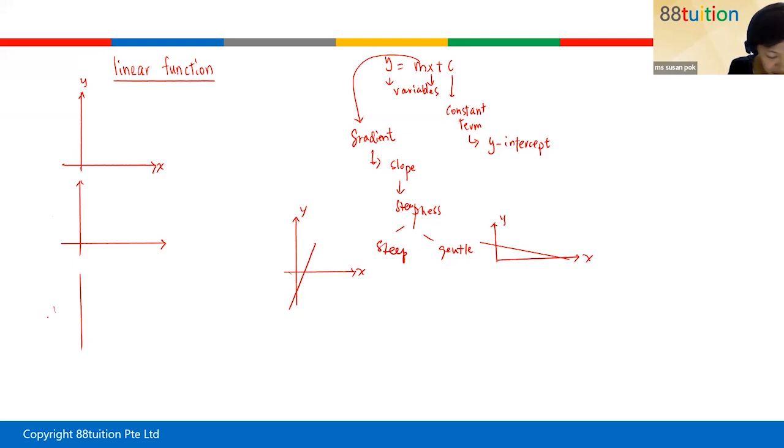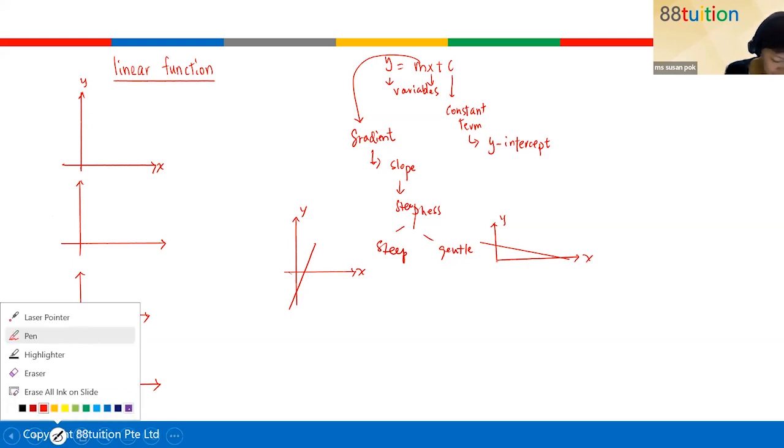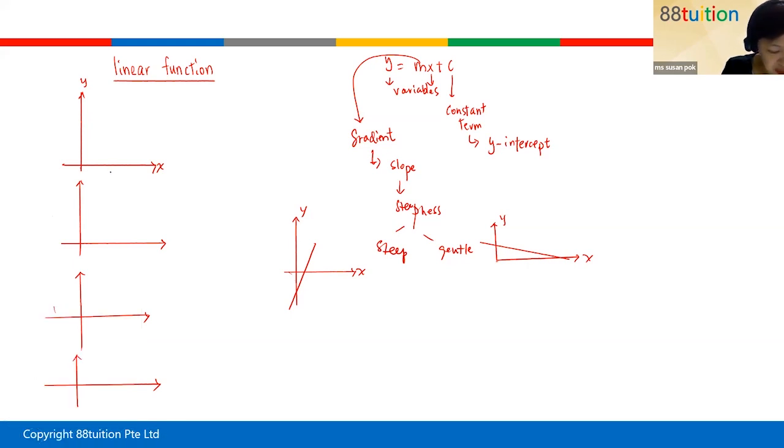We have a positive graph. We also have a negative graph. Like that. So our gradient can be like that, can be like that. This one is called a positive graph.